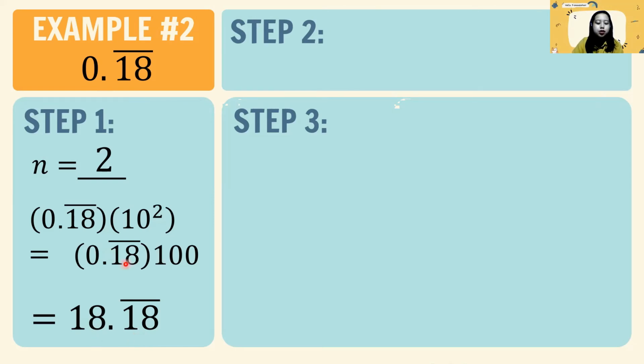If we don't have the vinculum here, 0.18 times 100 will be 18. But since you have a repeating block or a vinculum in 1 and 8, the process of writing this decimal number continues to 0.181818.